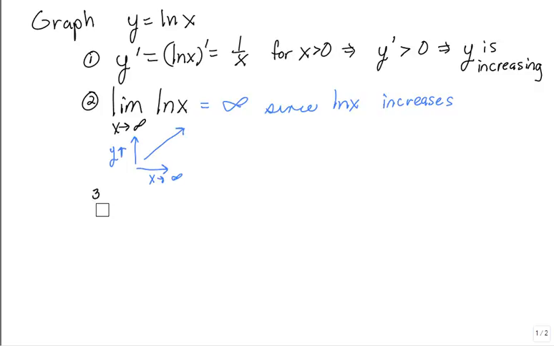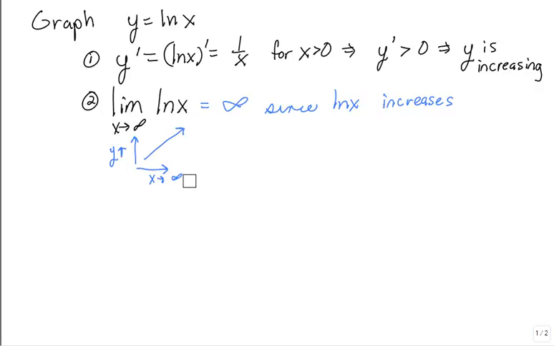Okay, well let's look at some more limits. Just a second.